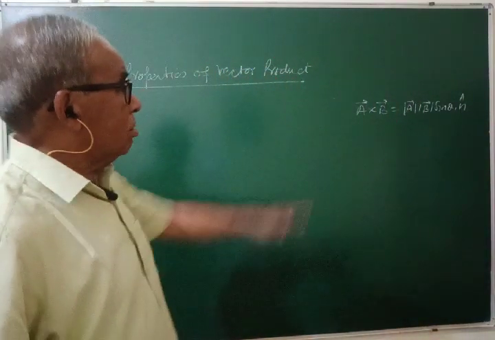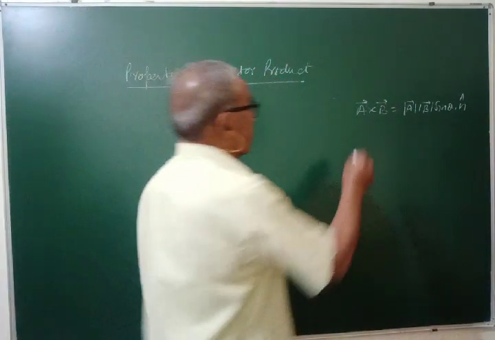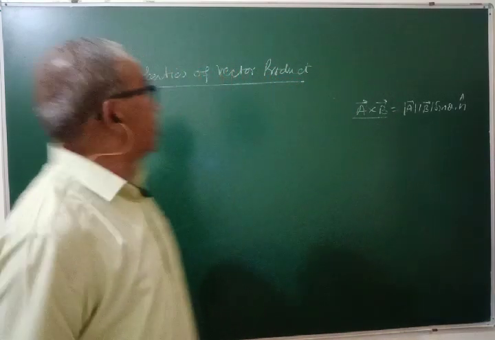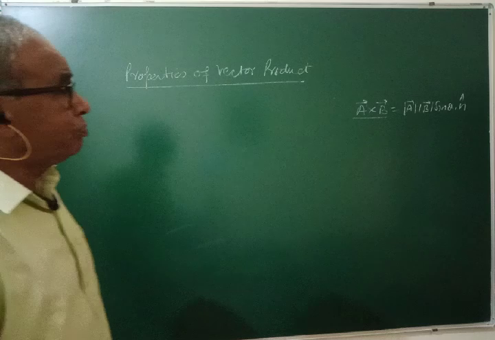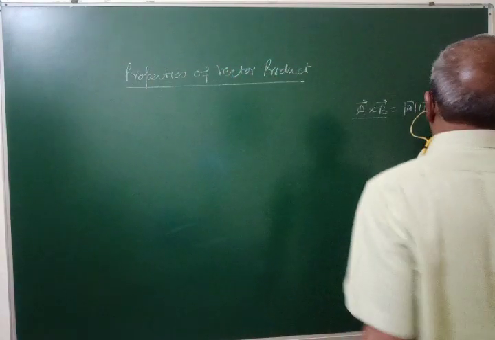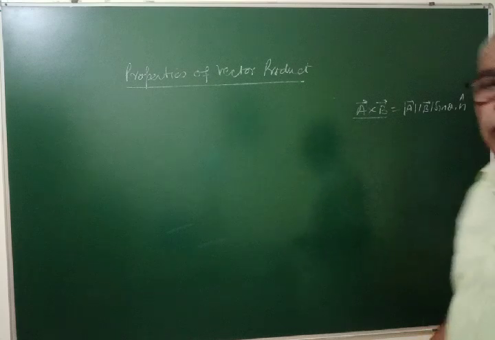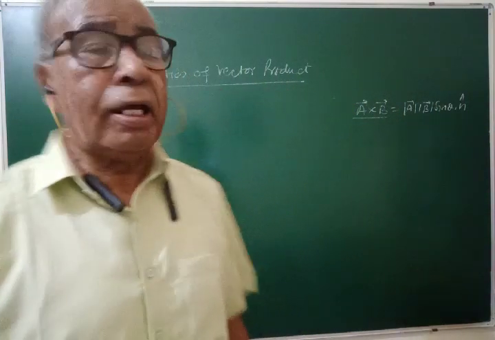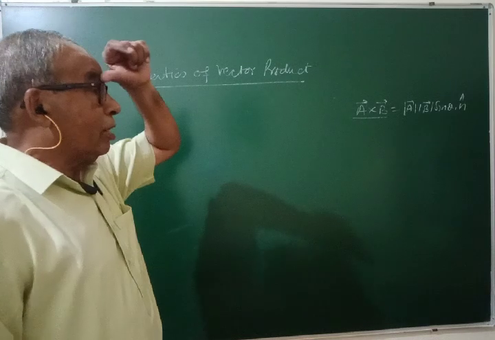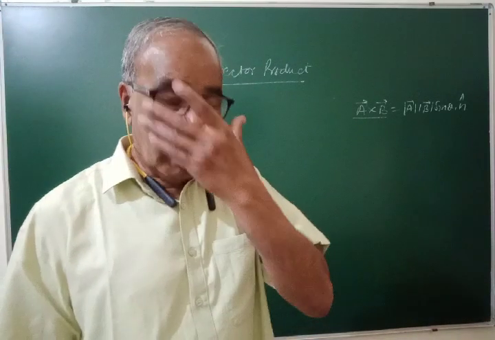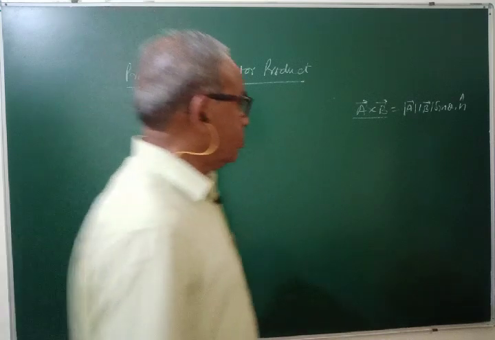While defining vector product A cross B, so called cross product, I have defined theta angle with direction n cap is the unit vector whose direction is at right angle to the plane containing vector A and B, and is further determined using right-handed rule.